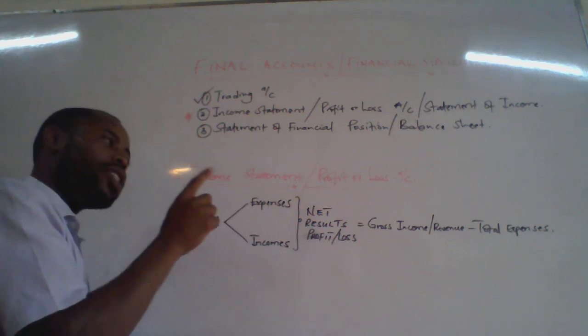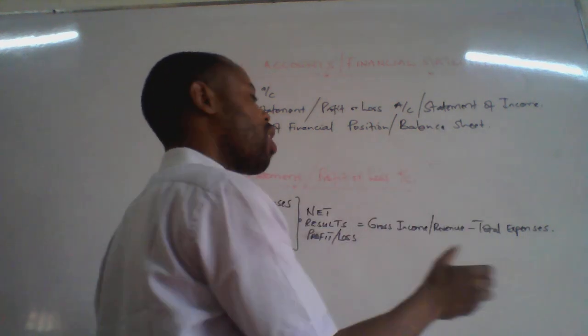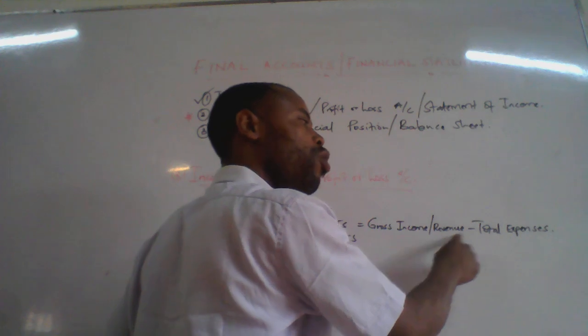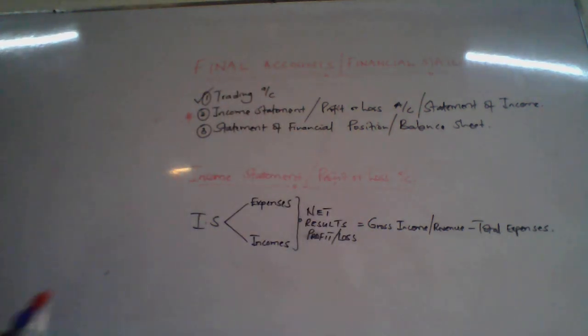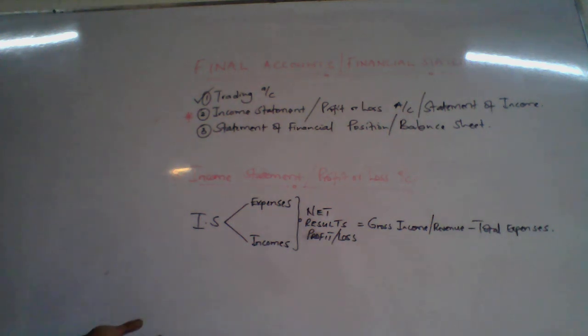You get to this profit or loss from the gross income or gross revenue less the total expenses. That is what we call the income statement. You can have it the way it is.